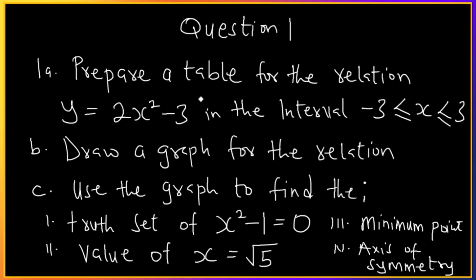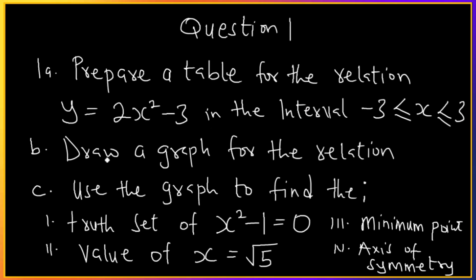the required solutions. So from the question, it says we are to prepare a table for the relation y equals 2x squared minus 3 in the interval negative 3 less than or equal to x less than or equal to 3.